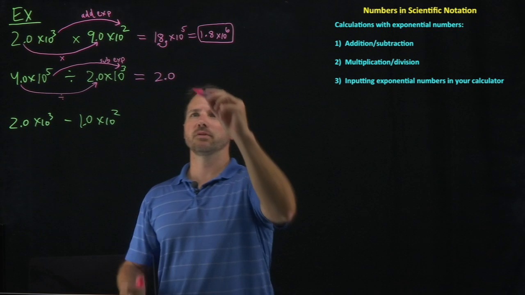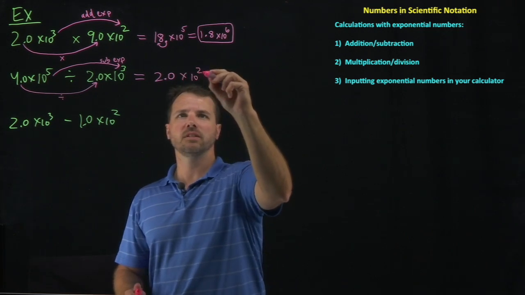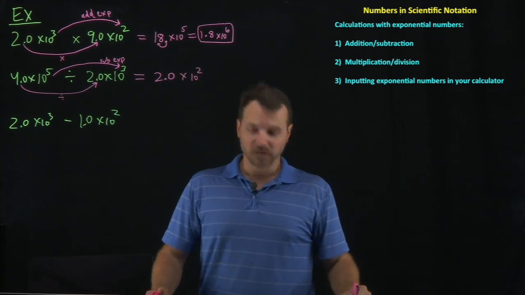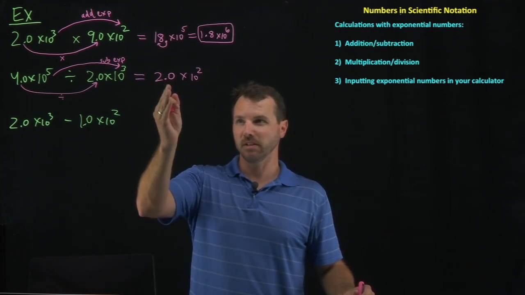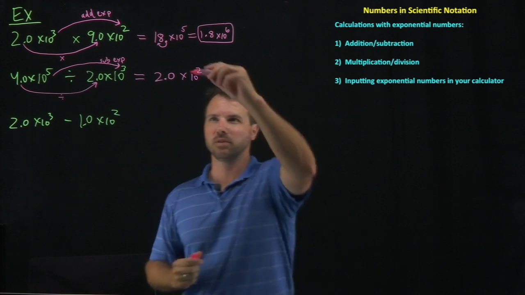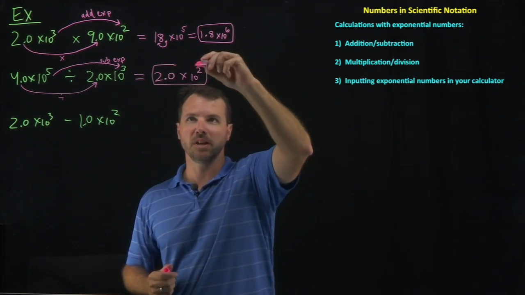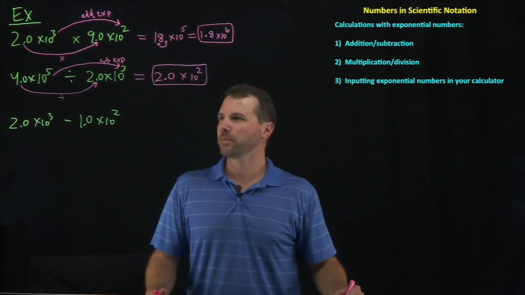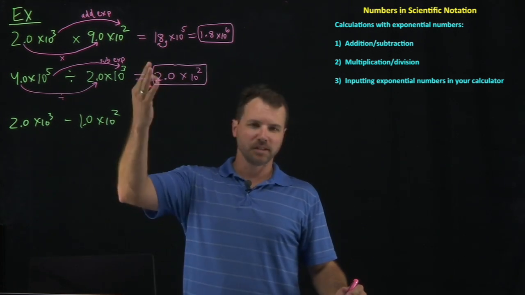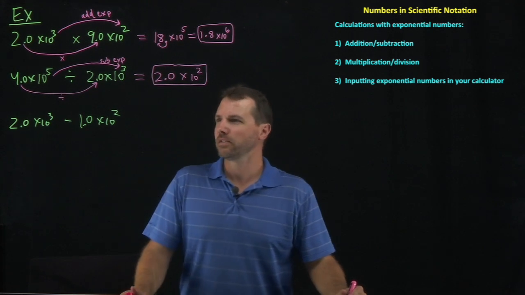So 5 minus 3 gives you times 10 to the 2. So in this case, you end up with an answer that has the decimal point in the right position. This is correct scientific notation, so you don't have to manipulate that. All right, so if your calculator exponential function is not working, these are little tricks you can use to hopefully get you by.